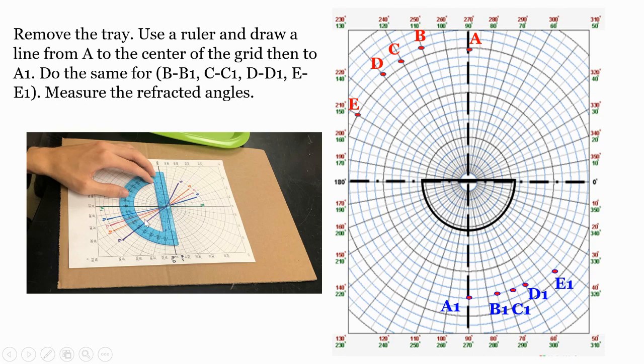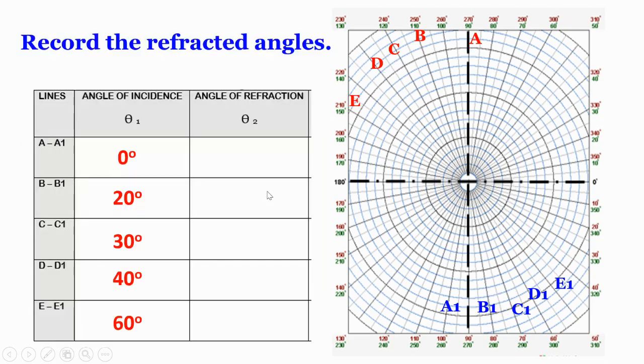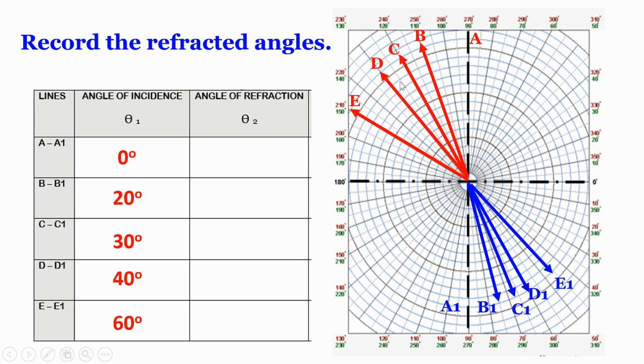B with B1, C with C1, D with D1, and so on. So I'm going to show you graphically how this is going to be done. So here we have B, C, D, and E. So you're going to connect B with B1, C with C1, D with D1, E with E1.